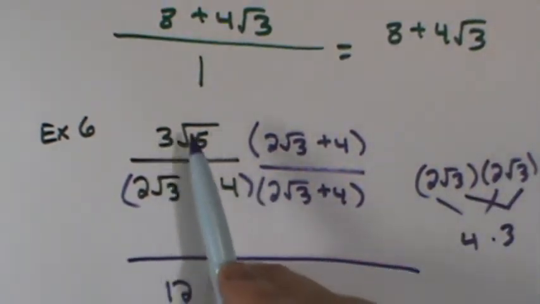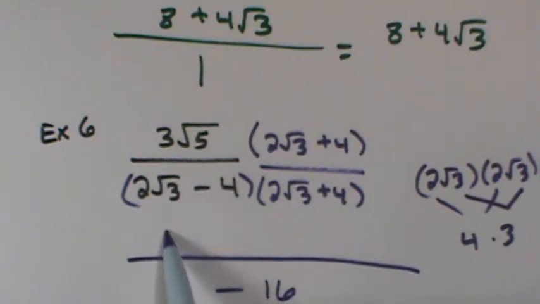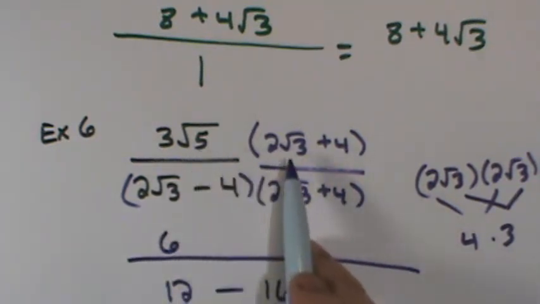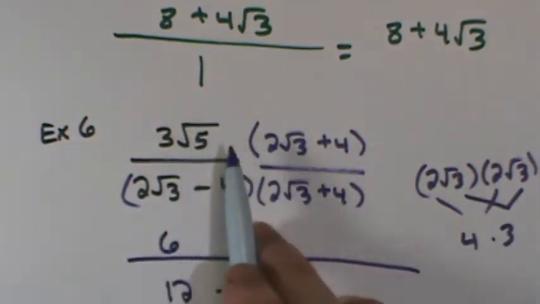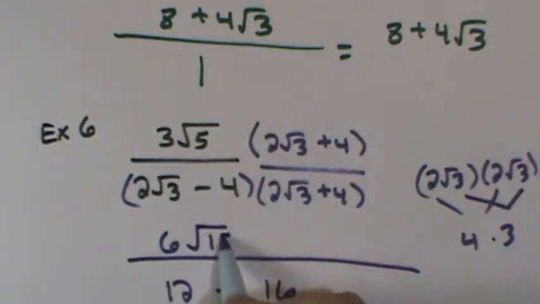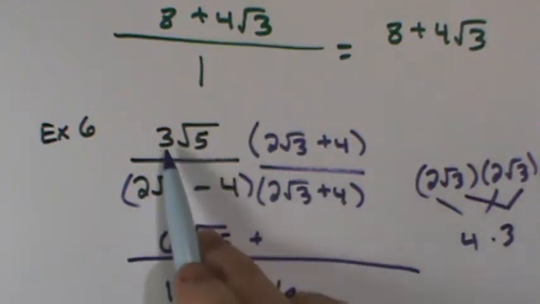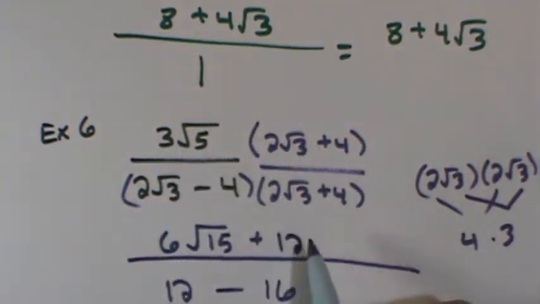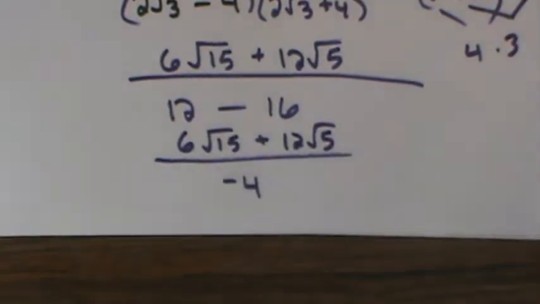I'll go 3 times 2 is 6. Radical 5 times radical 3, not enough to get anything out of the radical, so this becomes radical 15. Plus 3 times 4 is 12. Radical 5. So I bring this down. And I always have to inspect my answer to see if there's that opportunity to cancel.